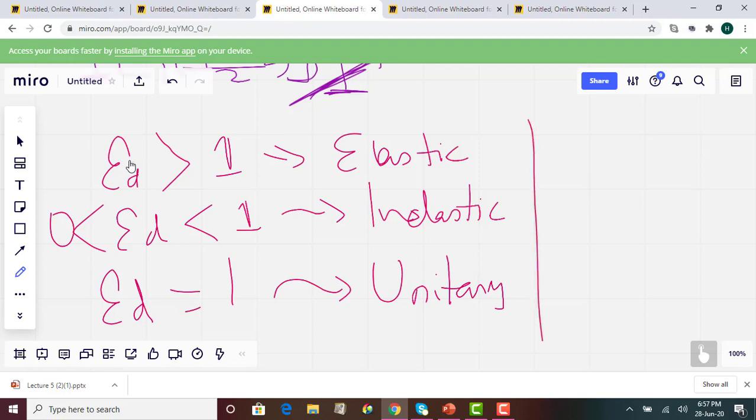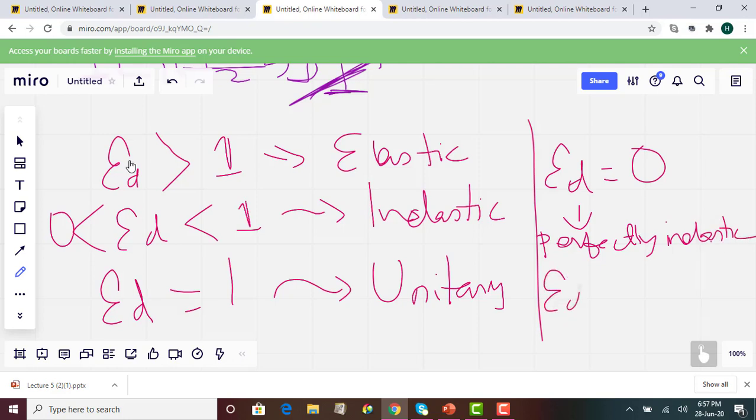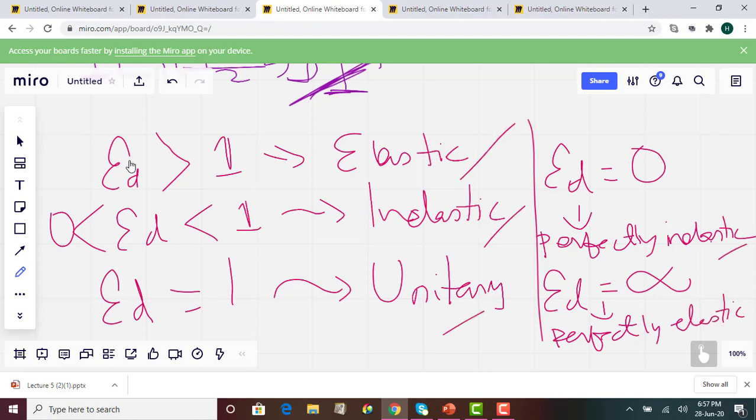If elasticity of demand is 0, that is perfectly inelastic; remember the line I did in the very beginning. And if elasticity of demand is infinity, then it is perfectly elastic. So this is a guideline you can use to determine if the demand for a good is elastic, inelastic, perfectly elastic, or unitary.